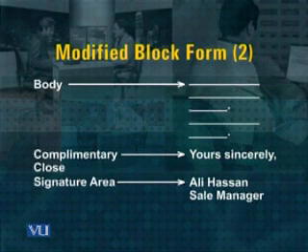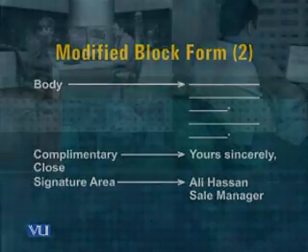When you are using close punctuation, you can use a colon after salutation as well as after complementary clause. But normally in Pakistan we put a comma after salutation and after complementary clause.